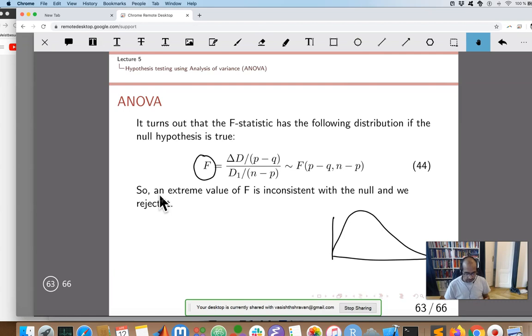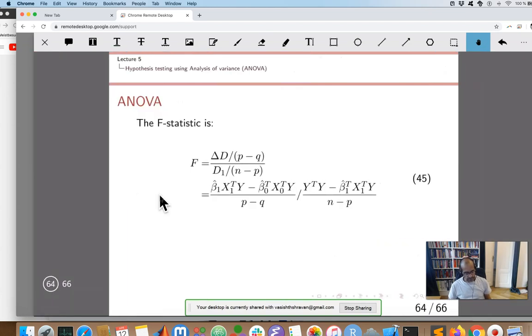And this ratio happens to have a particular distribution asymptotically or under repeated sampling, right? So basically this distribution is this f distribution, so we can compare the observed f score with some theoretical cutoff point in this f distribution, and if our observed f score lands in the rejection region, we can reject the null hypothesis. It's the same logic all over again as the t-test and the likelihood ratio test and so on.